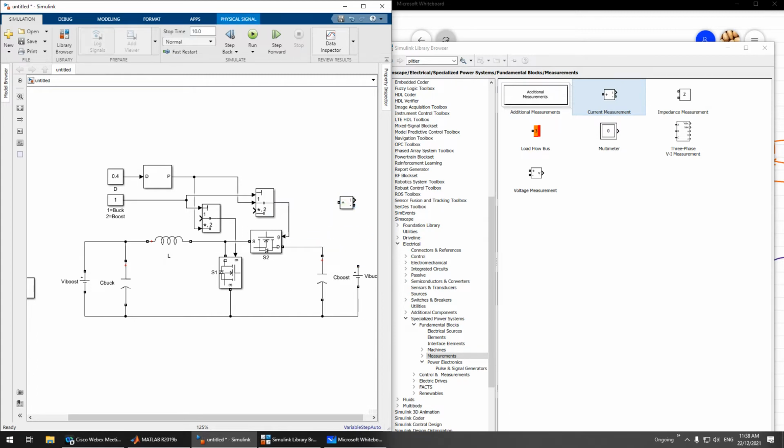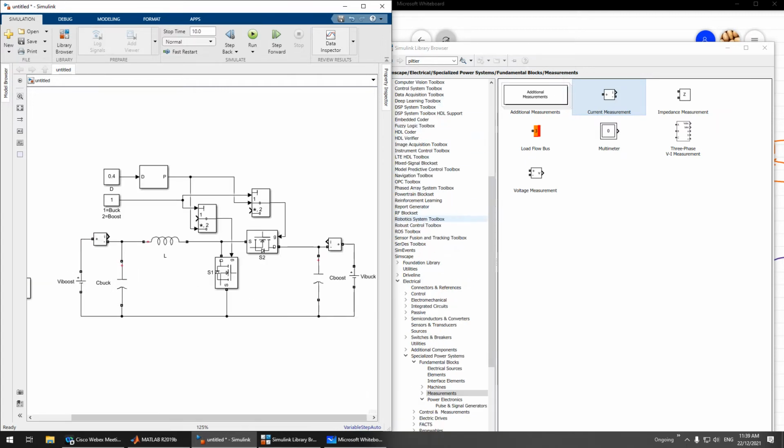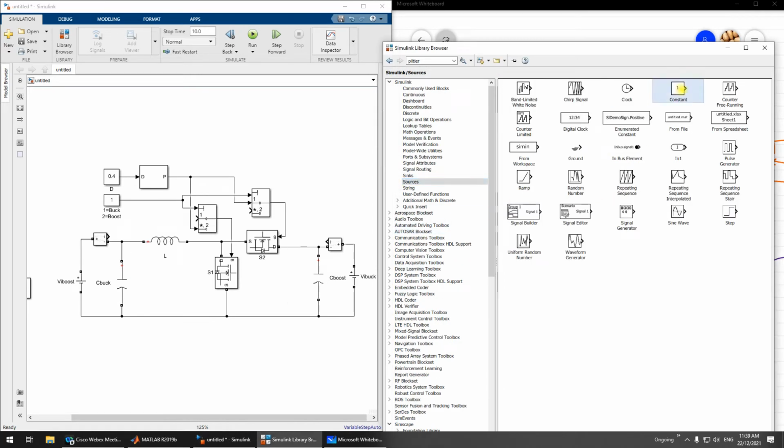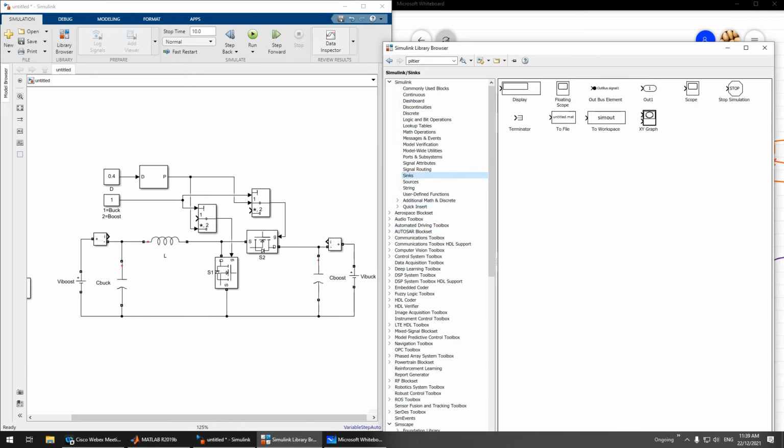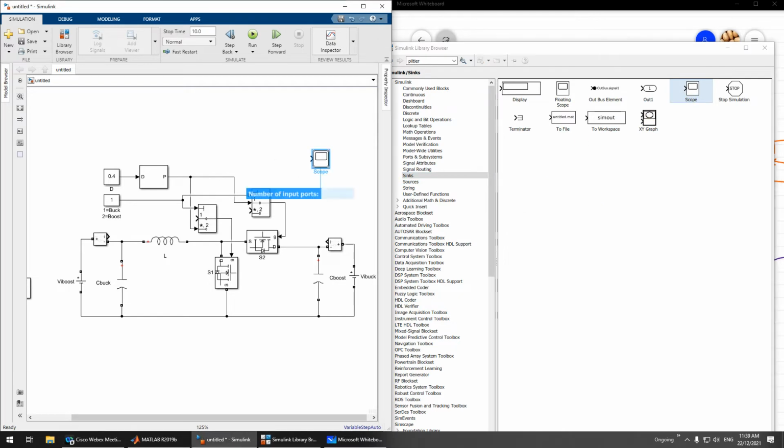So for current, I suggest you put this one and this one, and another one here, inward. Make sure positive and negative are correct. And maybe you put some scope here. You need 2 ports.